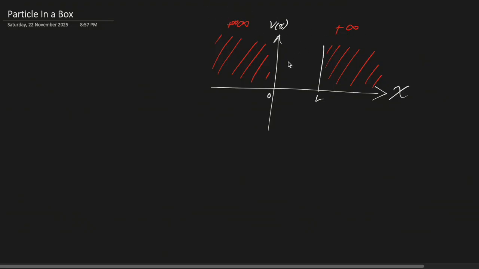And in this region, the potential is 0, and your particle supposedly is residing within these two boundaries.